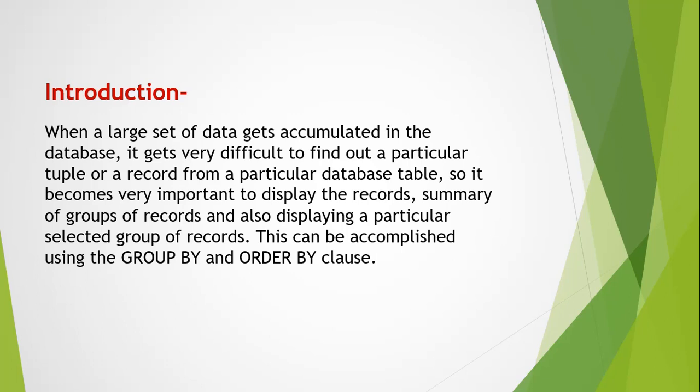The records are placed inside the particular table in the form of random records. Okay, any name can come in the beginning, any name can come at the end of the table. So you need to have a record in a particular aggregate form as well as a representative form. So it is very difficult to find out a particular tuple or record from a particular database table.